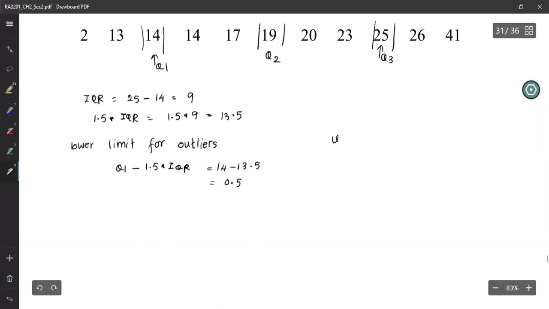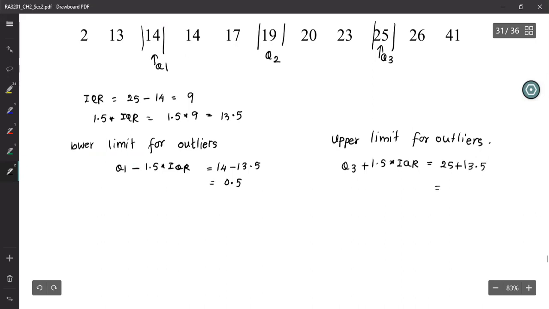Okay, then let's find the upper bound for outliers. So upper limit for outliers. That will be Q3 plus 1.5 times IQR. That is 25 plus 13.5. 25 plus 13.5.